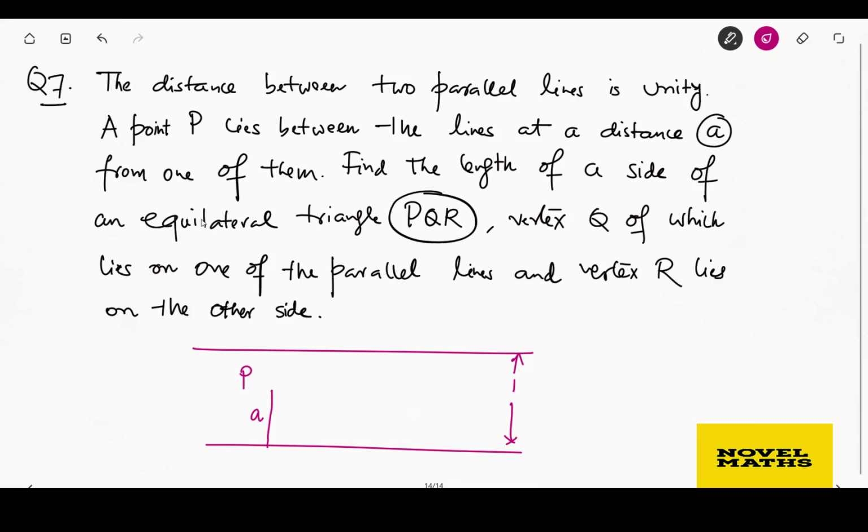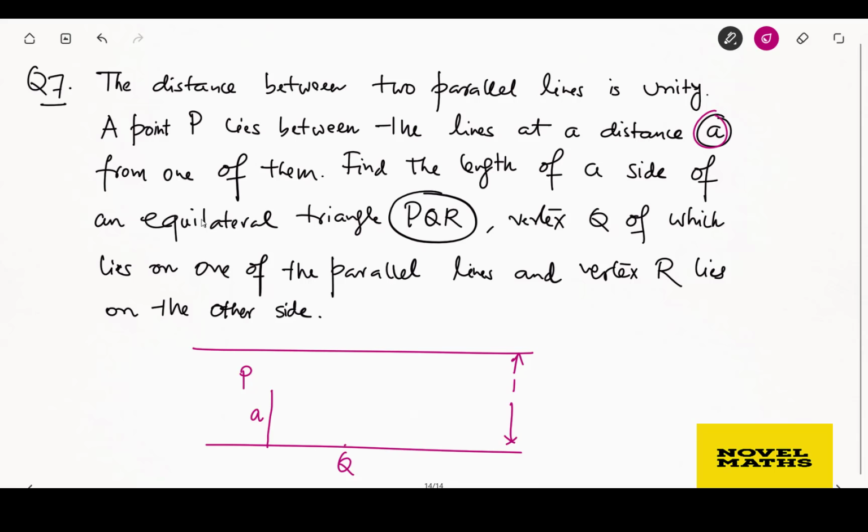All right, what else? Find the length of a side of an equilateral triangle PQR, vertex Q of which lies on one of the parallel lines, maybe Q is here, and vertex R lies on the other line. And also it says this is an equilateral triangle.